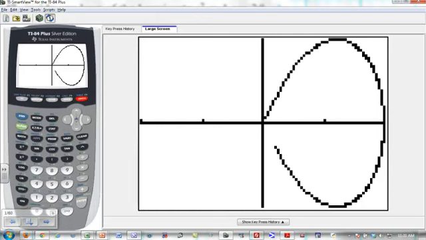Why doesn't it take it all the way back to the origin? It has to do with some rounding. So, all right, I say that indeed one loop of this is going to go from negative pi over 4 to pi over 4.